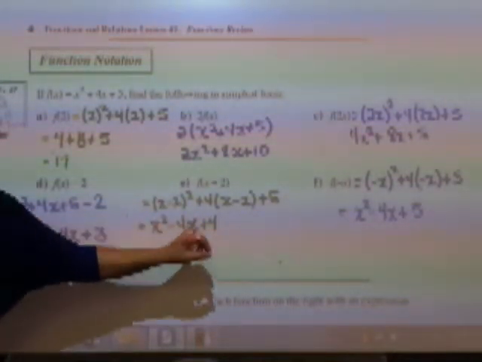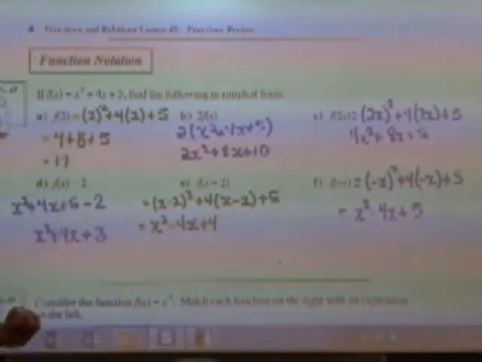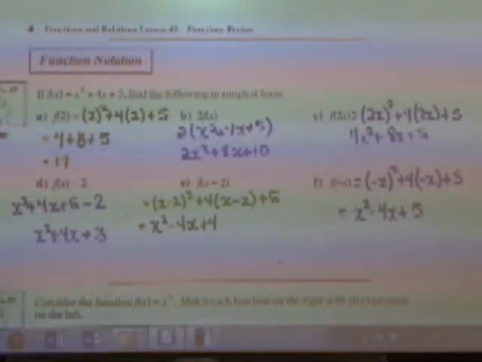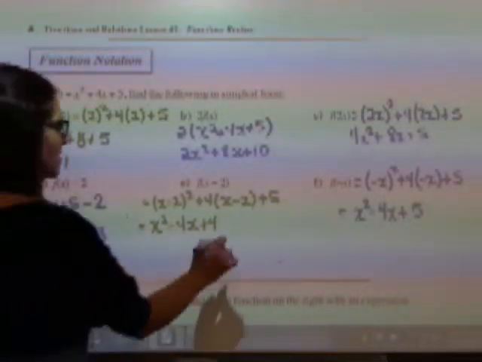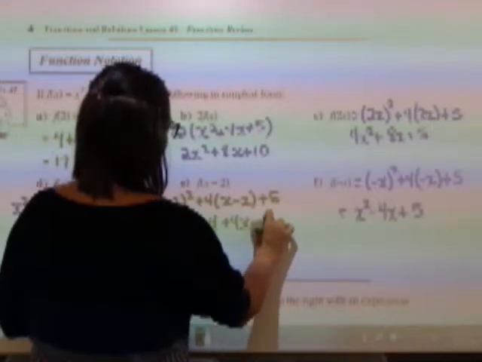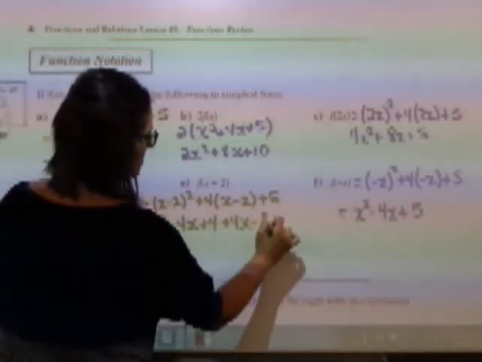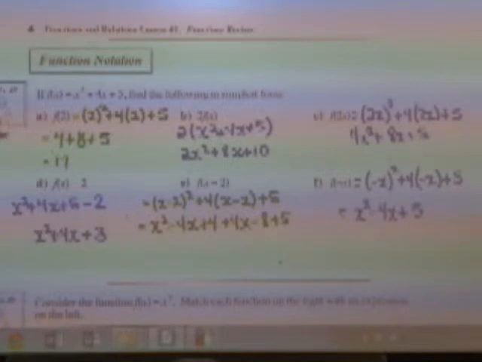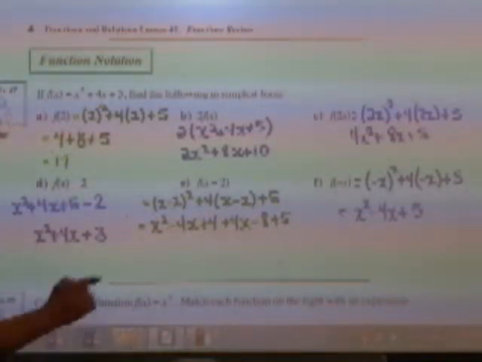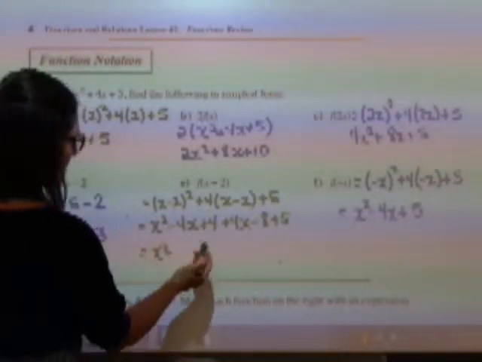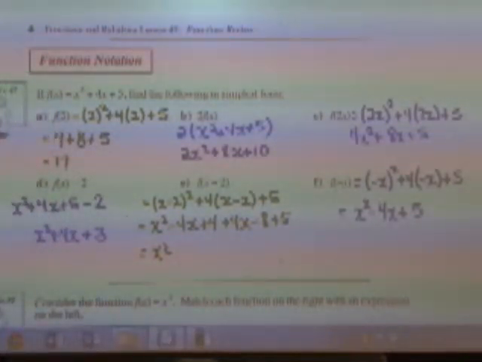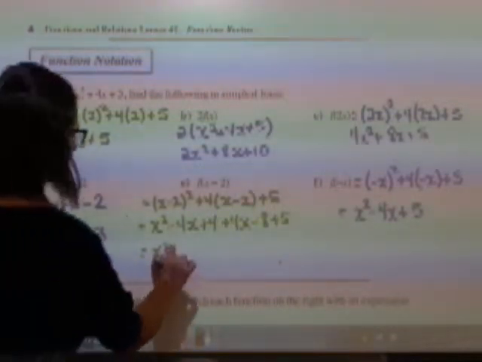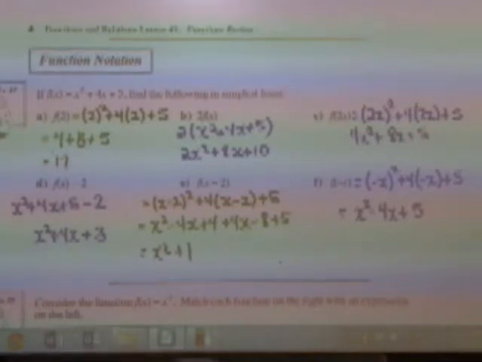Typically, we remember the x squared and the positive 4, and we forget the negative 4x, because x minus 2 squared is x minus 2 times x minus 2. Then I multiply the 4 by the x minus 2, add 5, and collect all my like terms. So I get x squared, the 4x and the negative 4x cancel each other out, and then 4 minus 8 plus 5 equals 1. So I get x squared plus 1 as a result.